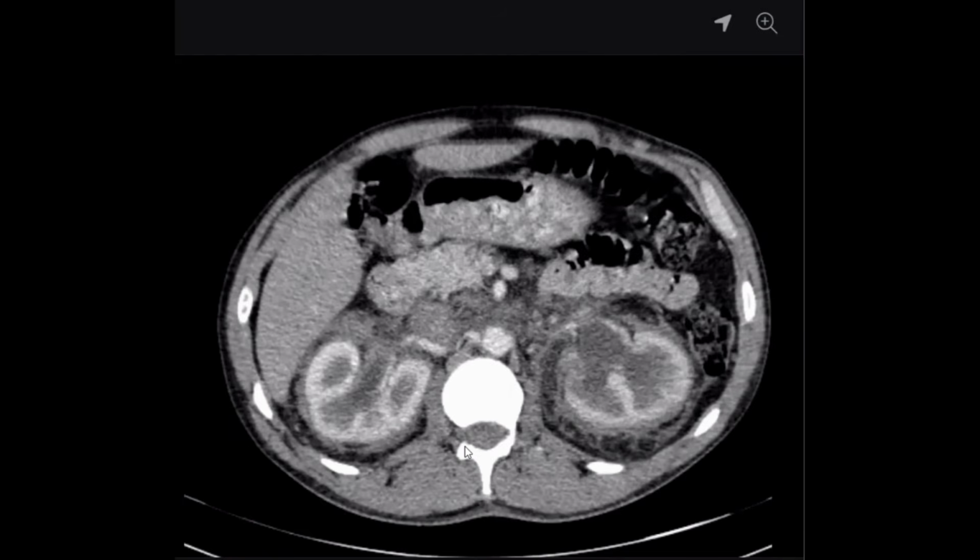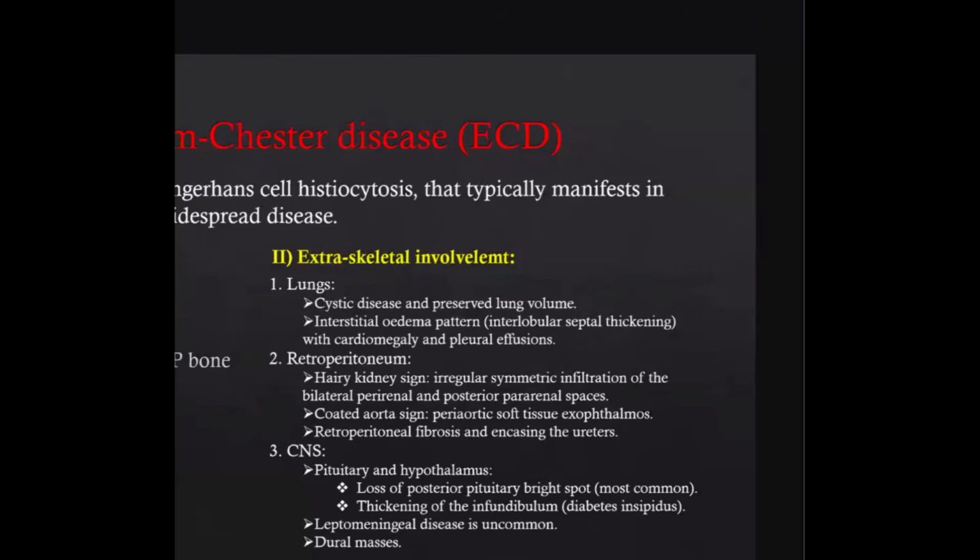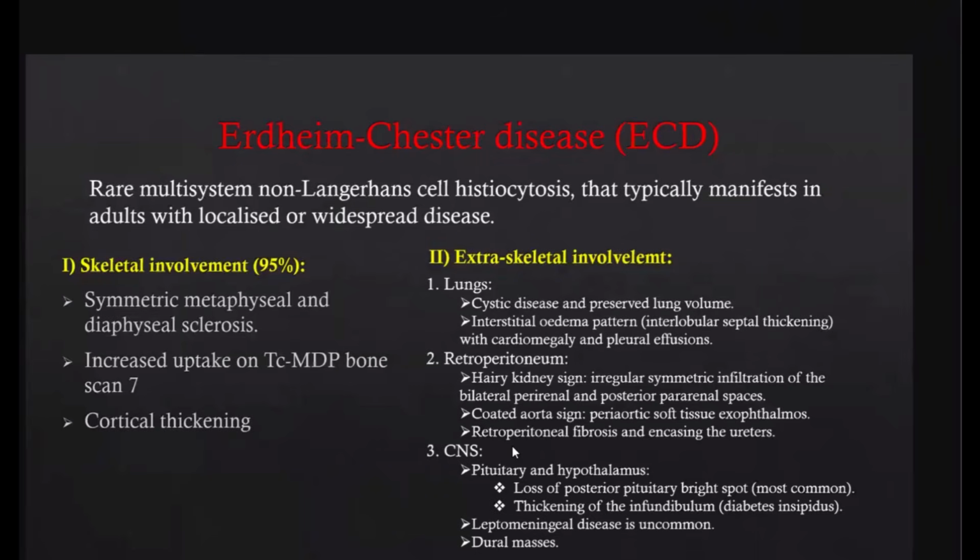In Erdheim-Chester disease, as we discussed, we have bilateral soft tissue infiltrates encasing both kidneys. This disease is a rare, multi-system, non-Langerhans cell histiocytosis. We have skeletal and extraskeletal involvement. Skeletal involvement: symmetrical metaphyseal and diaphyseal sclerosis.